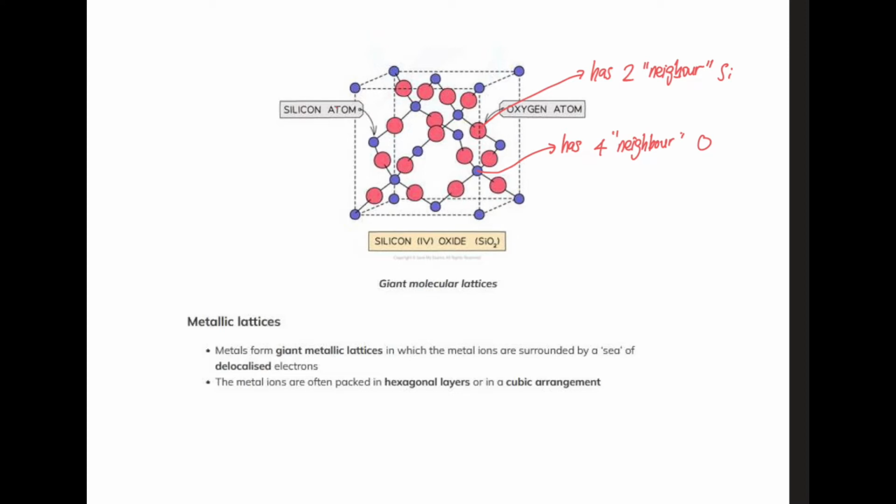So the structure is still tetrahedral because of the 4 sigma bonds of the silicon. So it's a tetrahedral shape, similar to diamond. Diamond is also tetrahedral, but the thing is it has oxygen in between them.